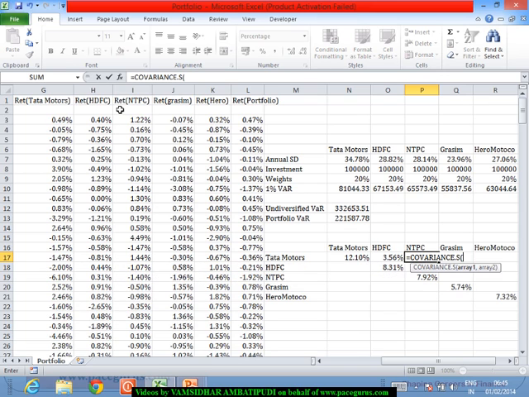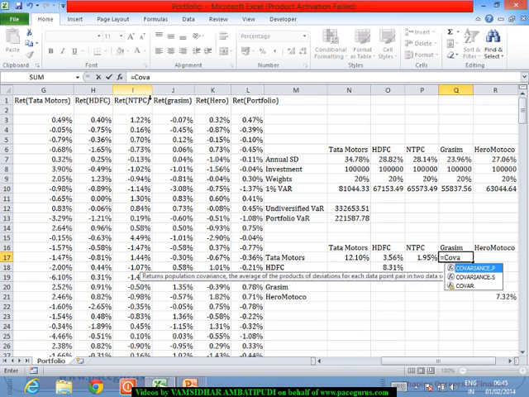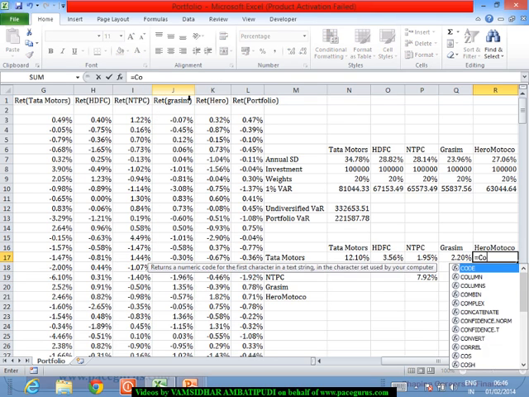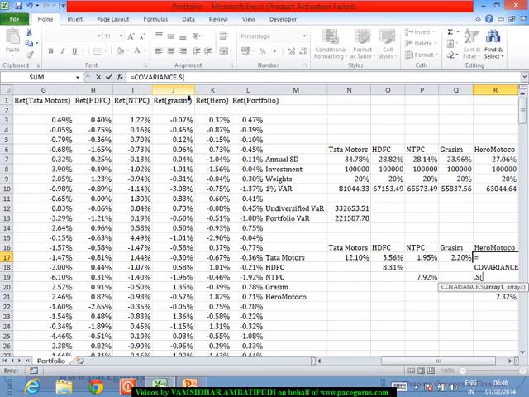Similarly, I can try finding out the covariance between the Tata Motors and NTPC, and the covariance between the first and the fourth security, and the covariance between the first and the fifth.